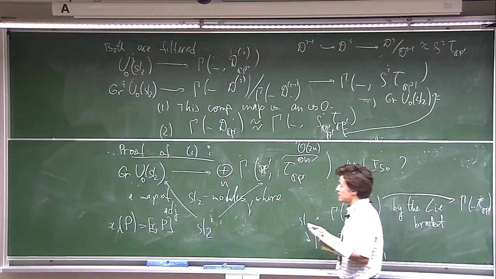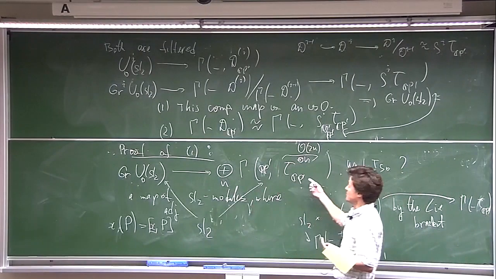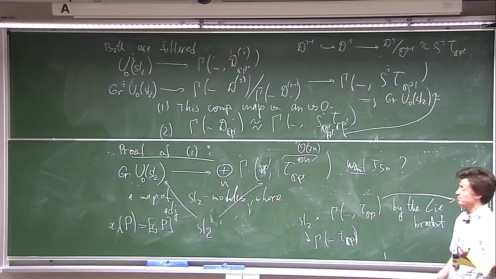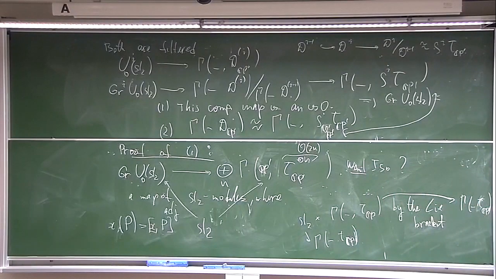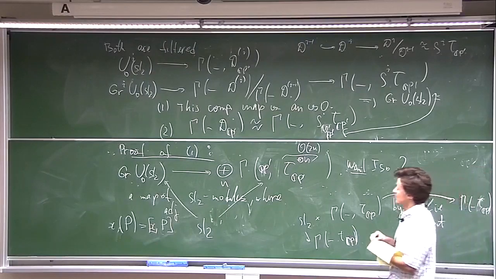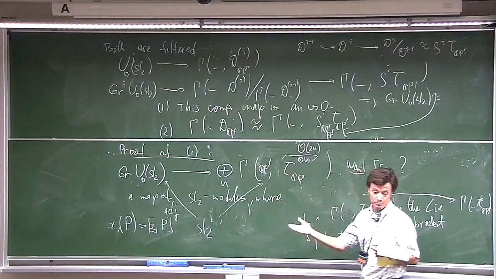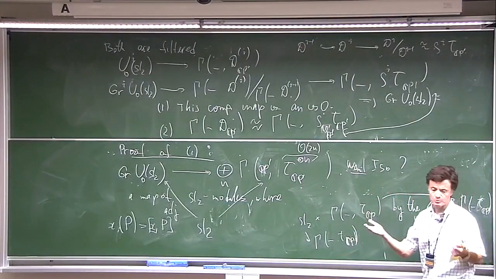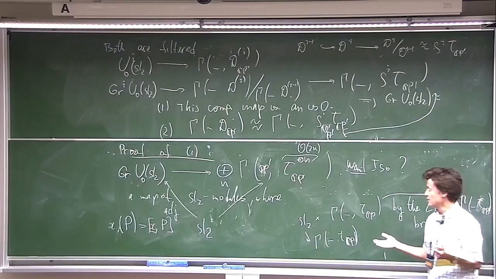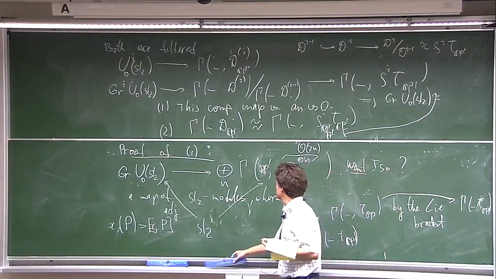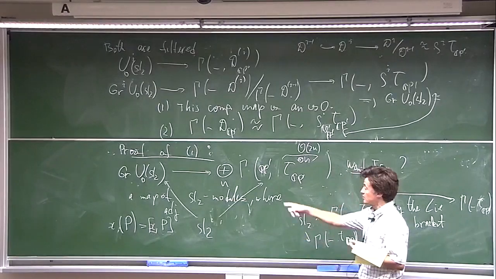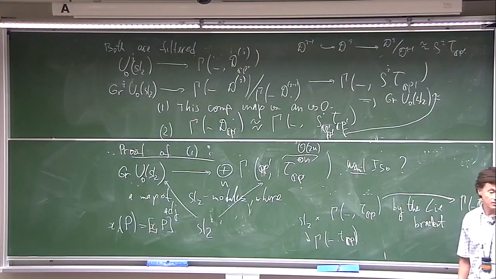The very construction shows that the map is a morphism of SL2 modules. All right, so that makes our life much easier. It's not just a map of vector spaces, but of SL2 modules. So we can use the representation theory of SL2. That's great. So what are both sides as SL2 modules?